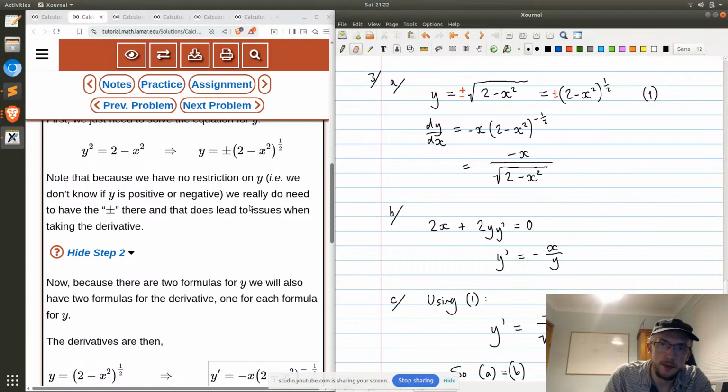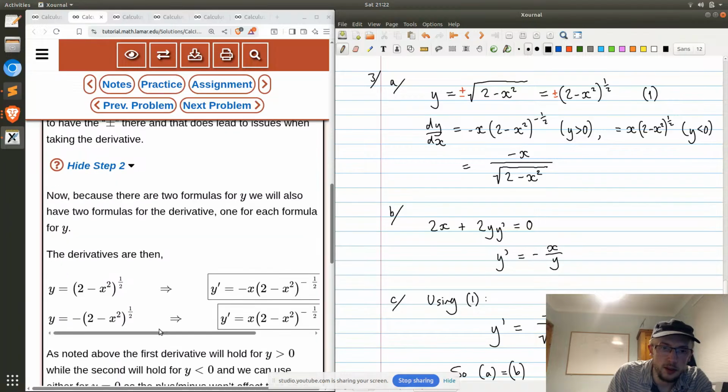And therefore, if it's positive and we do the derivative of that, we will get the minus sign in the front. That's for y greater than 0. But for y less than 0, it would be that, wouldn't it?